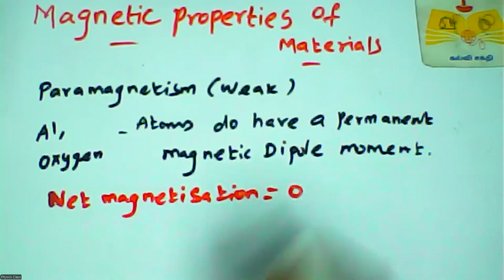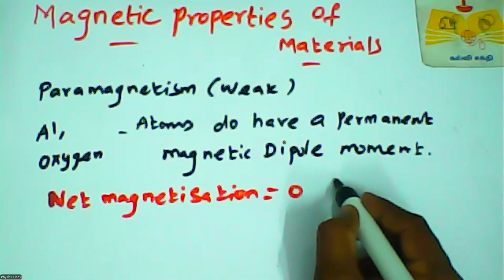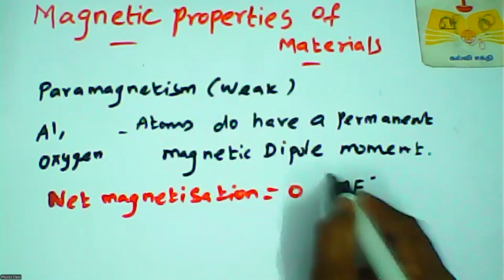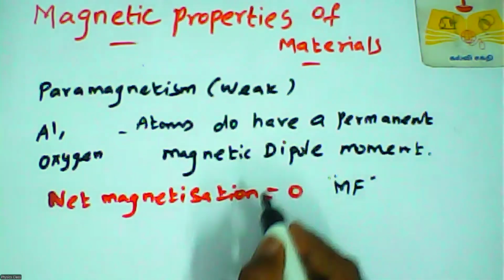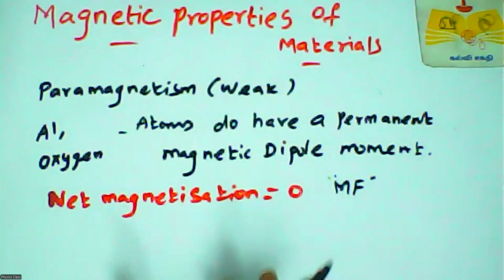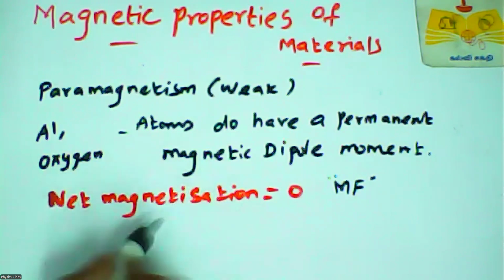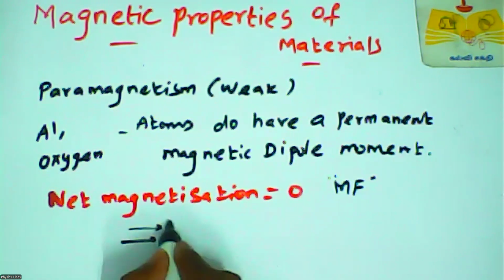Suppose you apply an external magnetic field. It provides a big torque, attempting to align the dipoles with the field, like that.